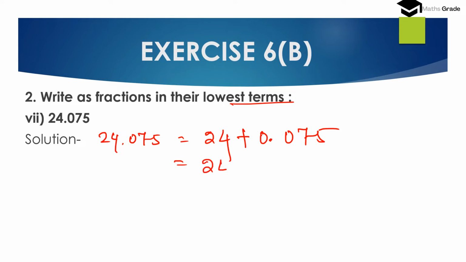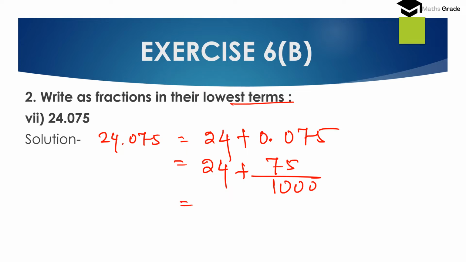Now 0.075 is 75 divided by 1000, because after the decimal point there are 3 digits, 075, so we have to divide 75 by 1000. Now between 75 and 1000 we have to find the highest common factor. The highest common factor is 25.